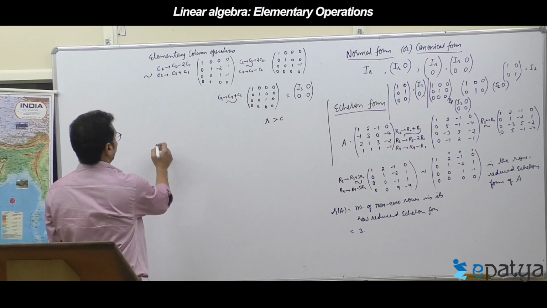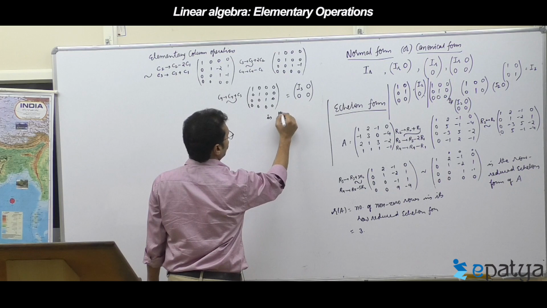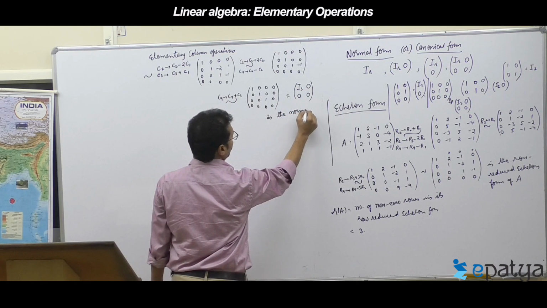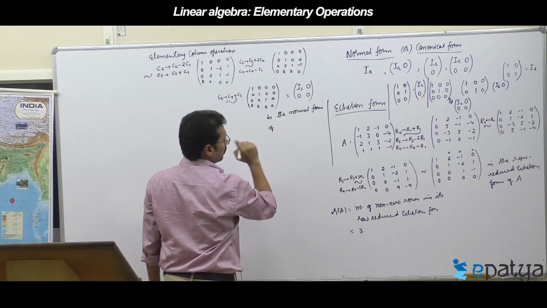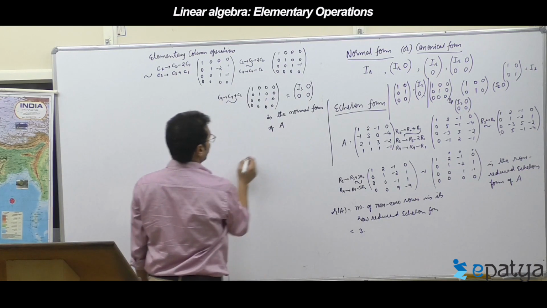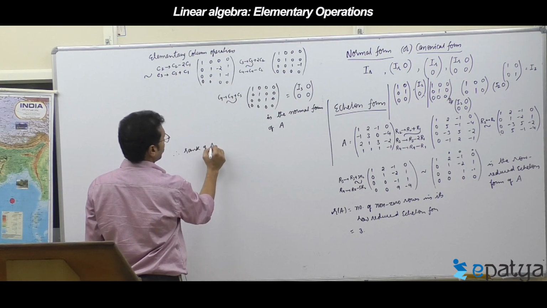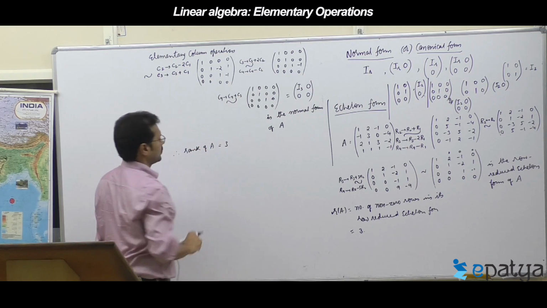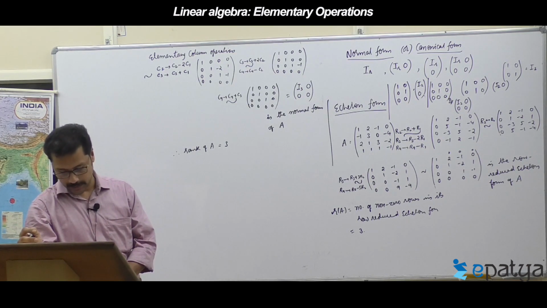Okay. Therefore, the normal form of A, the rank of A, is equal to 3. So once you convert into normal form, it directly gives us the rank of the matrix.